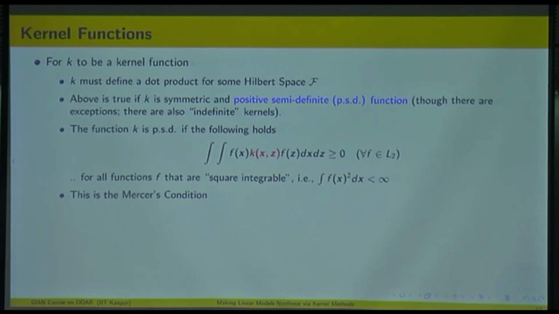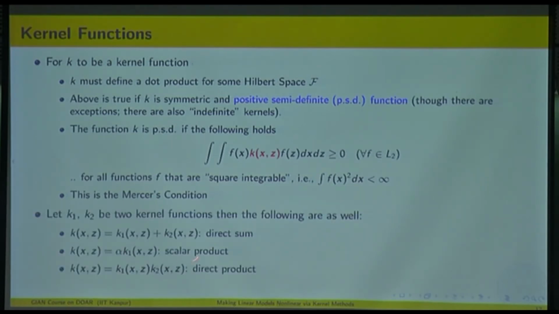Another thing that you should keep in mind, and that's a very important property of these kernels, is that if you have multiple kernels, you can compose more interesting kernels using them. I'm listing some of the conditions here. Suppose you have two kernel functions, K1 and K2, and I look at the sum of those kernels, this is also a kernel function.